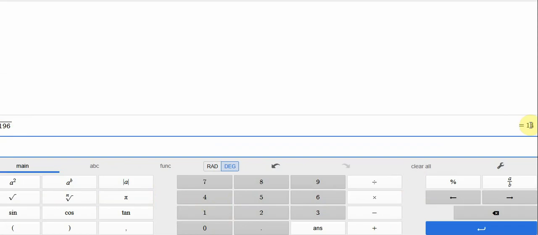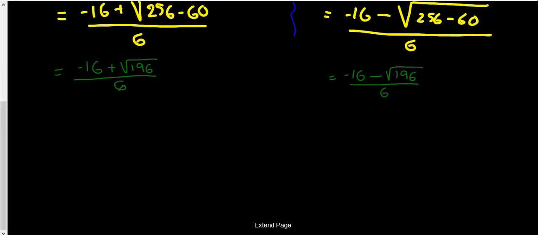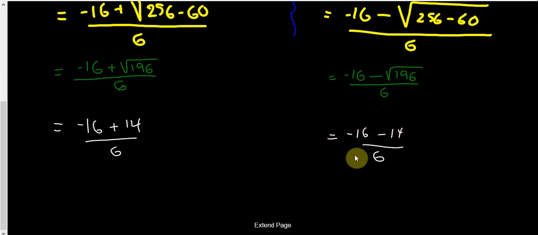This might be factorable, but ignore that for now. So the square root of 196 is 14. Oh, someone was really nice to you with the first example. And so I have negative 16 plus 14 divided by 6. That's one answer. Negative 16 minus 14 divided by 6 is another answer.